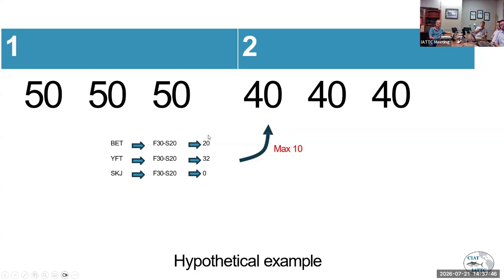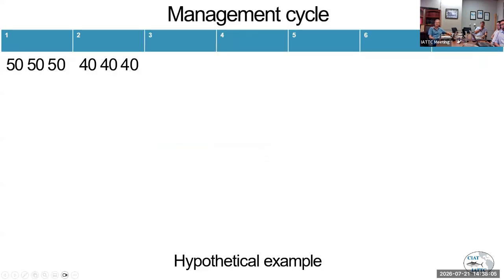In that case, the largest closure is for yellowfin, 32 days, but because that's more than a 10-day reduction from the 50, we only allow a 10-day reduction, and so we'd go to 40. So there'd be 40 days of closure for 3 years in the next management cycle. And then at the end of that, we do the same thing again.